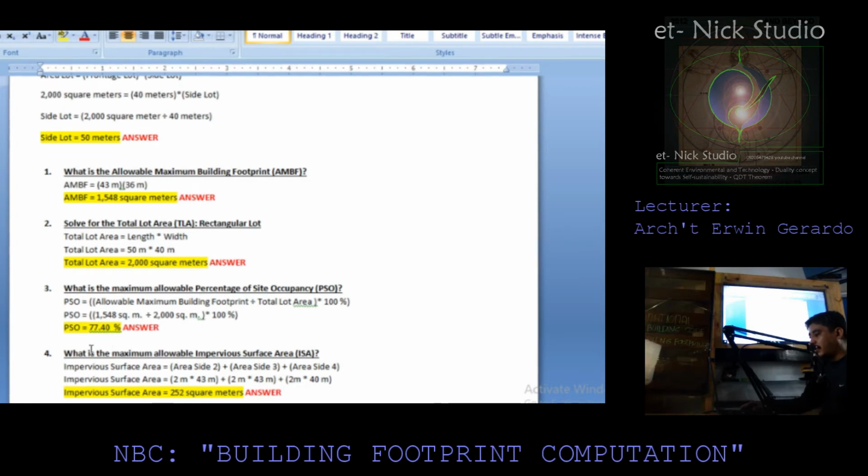So therefore, the percentage of site occupancy is equivalent to 77.40%. So this is already the answer.